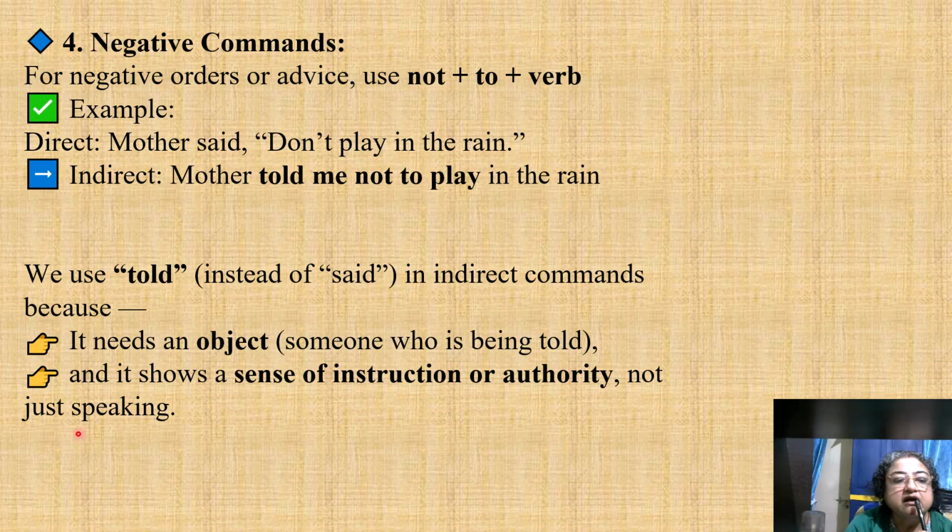So it needs an object, someone who is being told. Sometimes it is there or sometimes it may not be there in the direct speech, but you need one object in the indirect, remember that. So it shows a sense of instruction or authority, not just speaking.